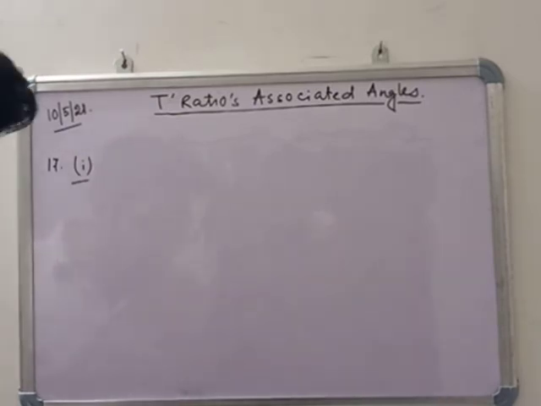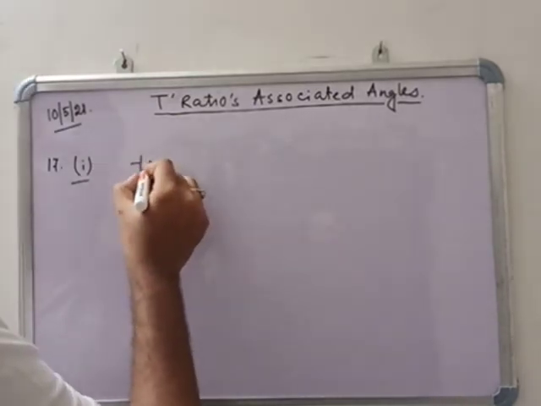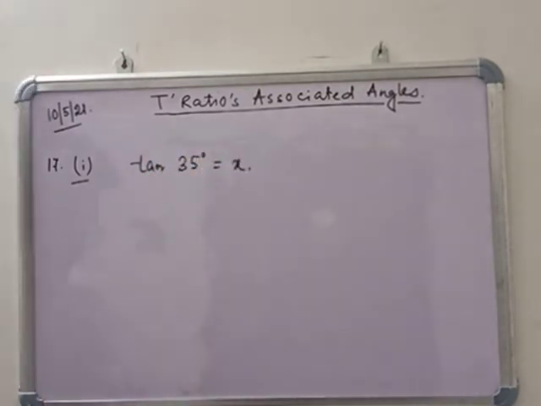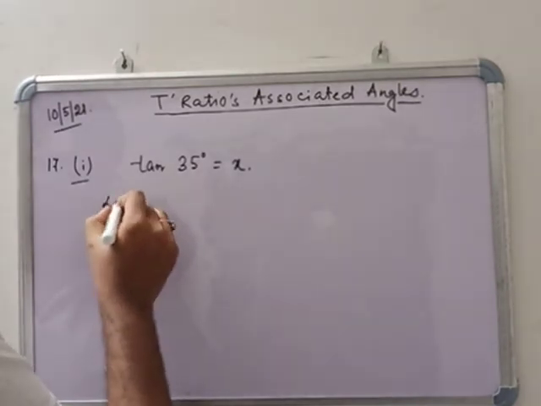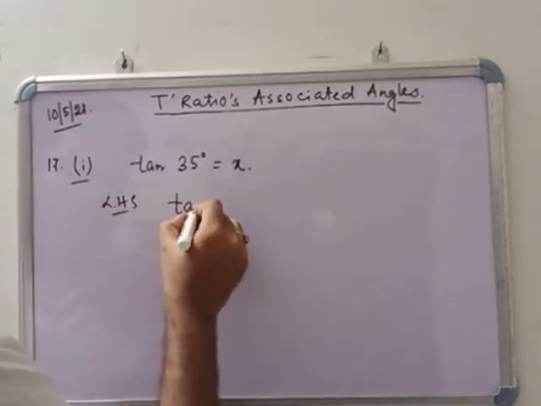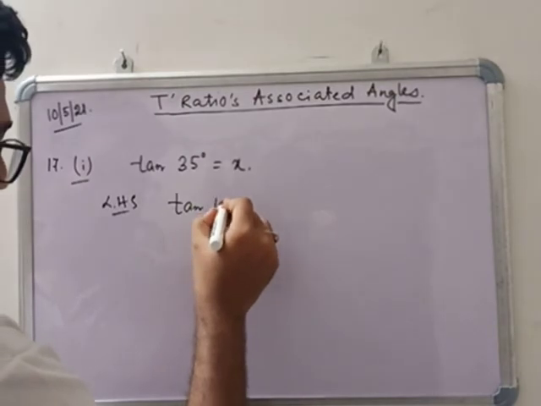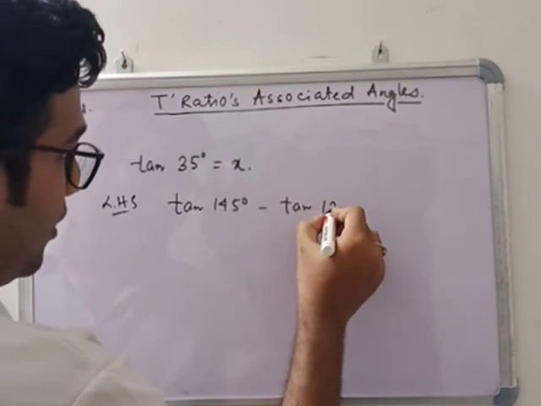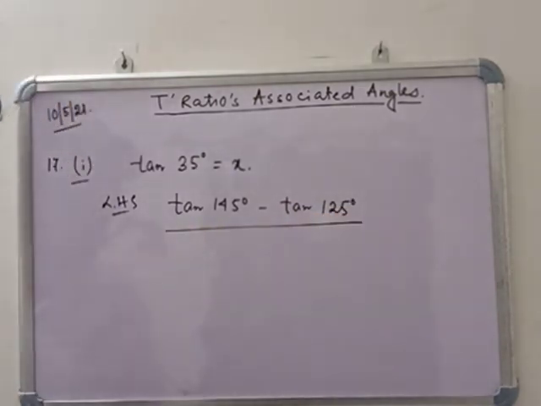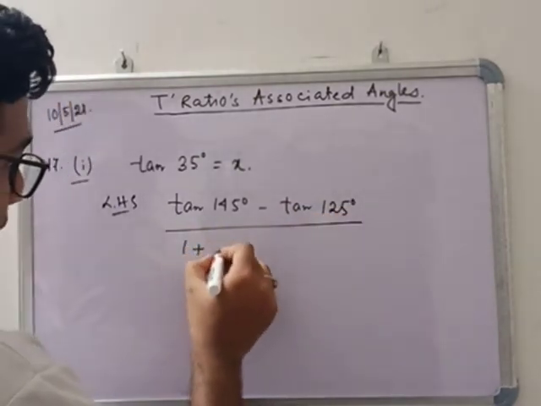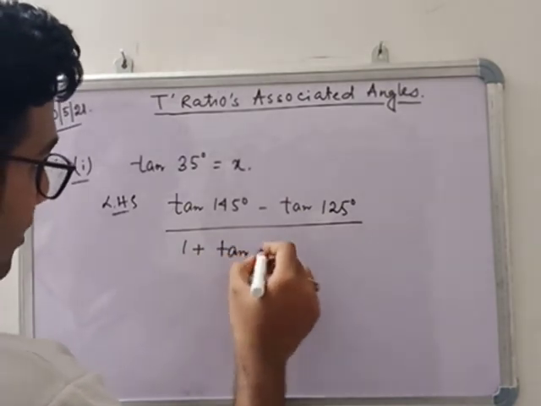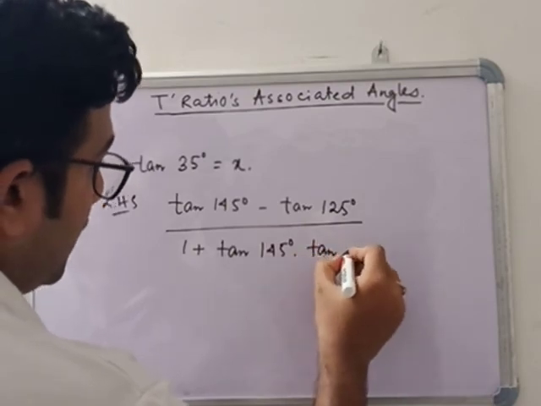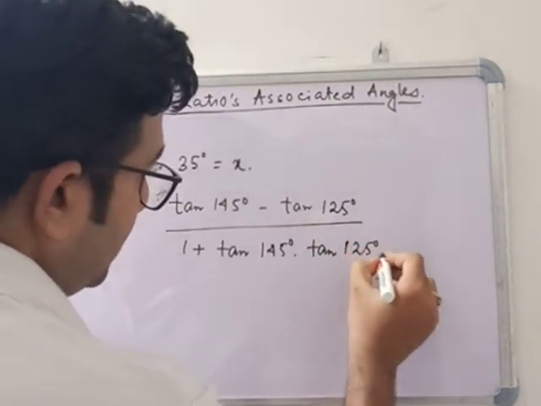Now in 17.1, see that tan 35 degree equals x. This is given. Now LHS equals tan 145 degree minus tan 125 degree by 1 plus tan 145 degree into tan 125 degree.